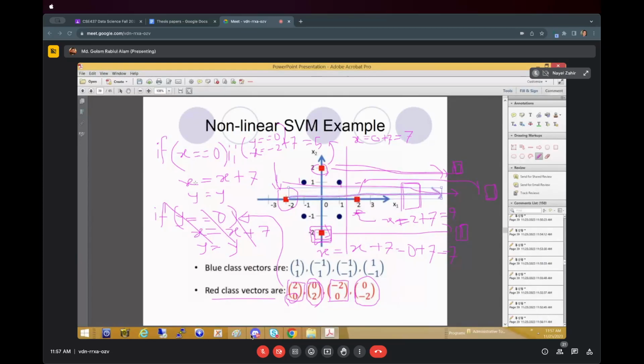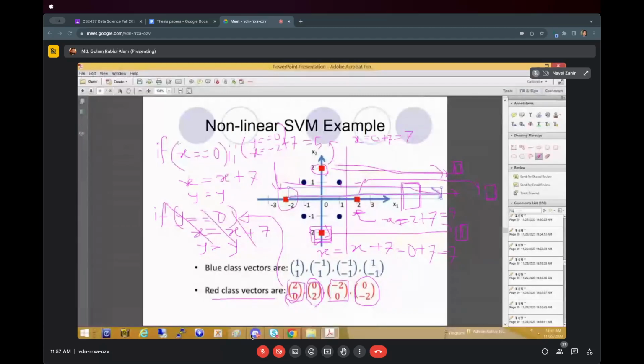Okay, so now we can apply our linear SVM to find the answer, that is the hyperplane. So this is how we have to try. No need to remember anything, just intuitively we have to find the trick for transforming those data points into a new dimension, a new space.